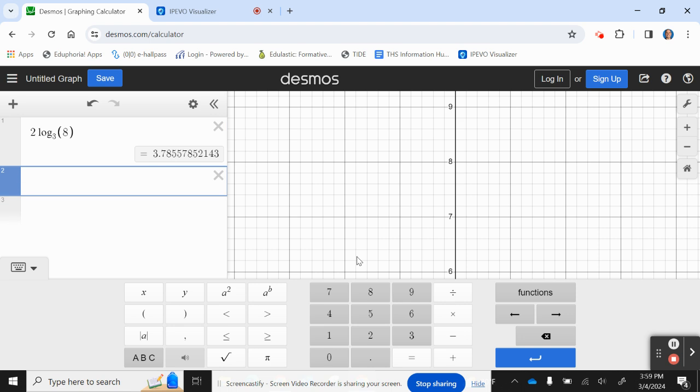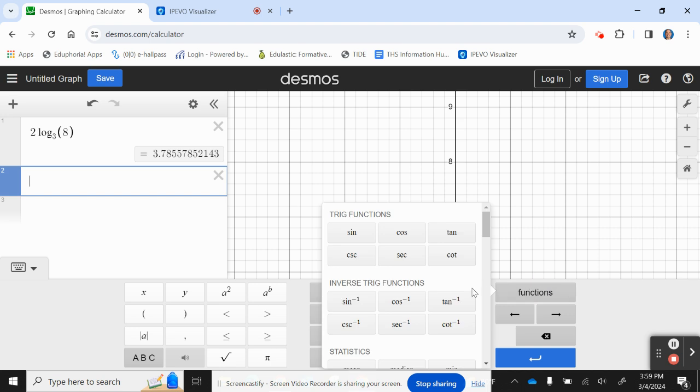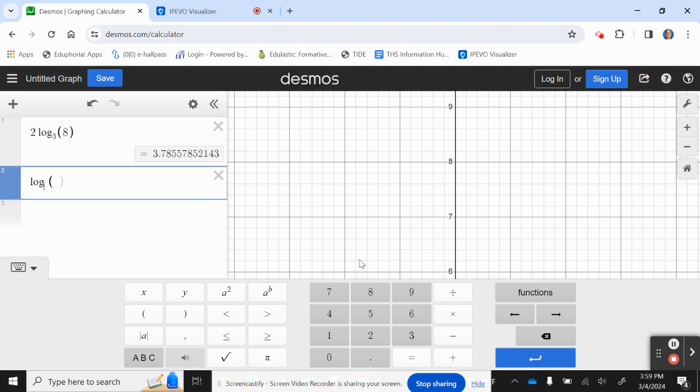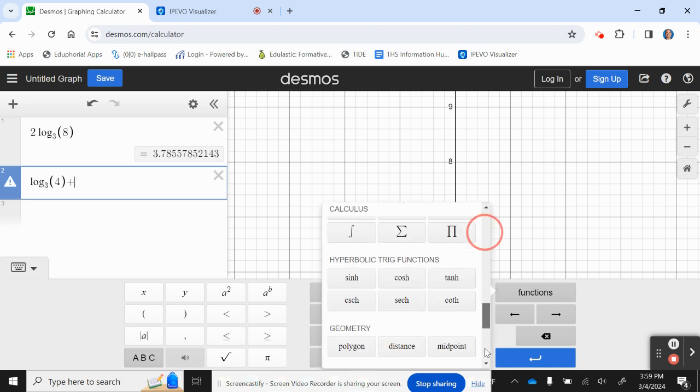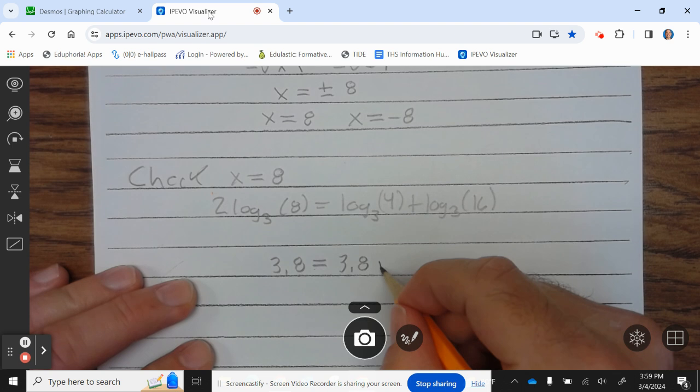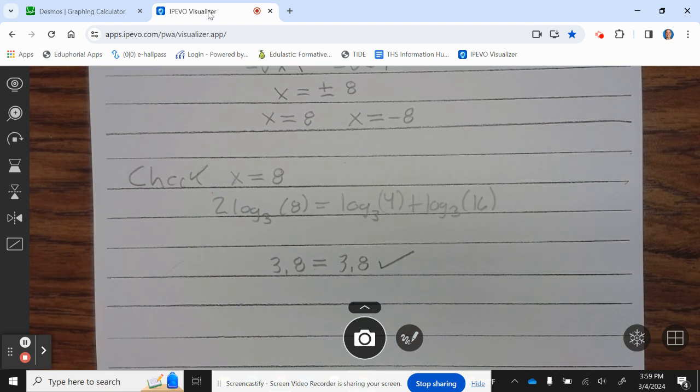So that's 3.8. Which is 3.8. So this checks. So x equals 8 is a valid solution.